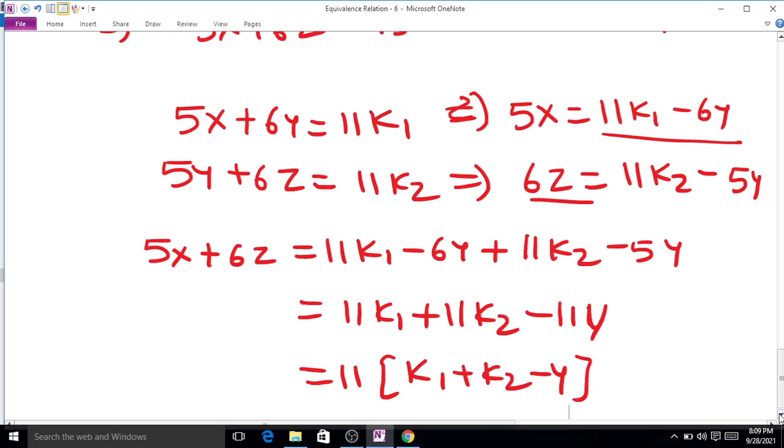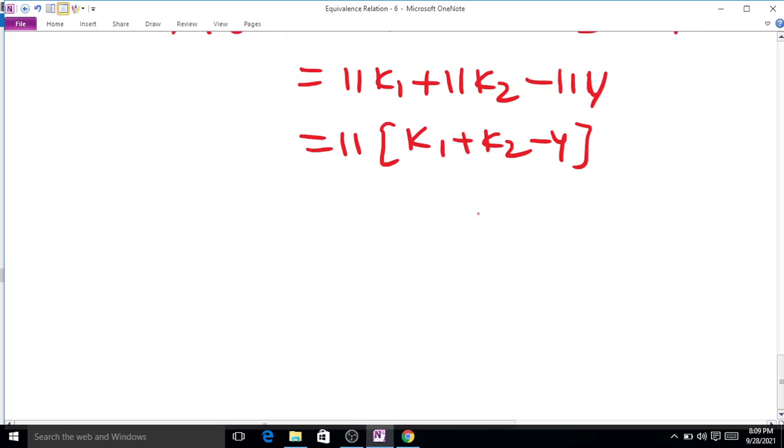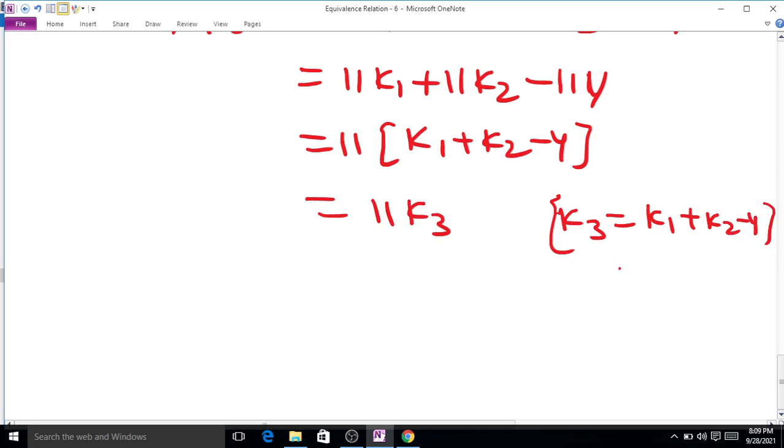So we can write this as 11 times k3, where k3 is equal to k1 plus k2 minus y, and k3 is also an integer, because k1, k2 and y are integers, therefore k3 is also an integer.